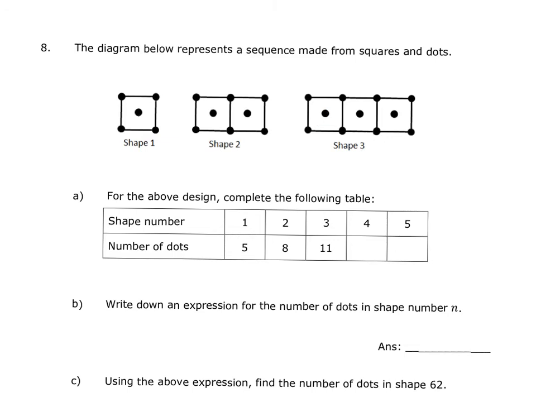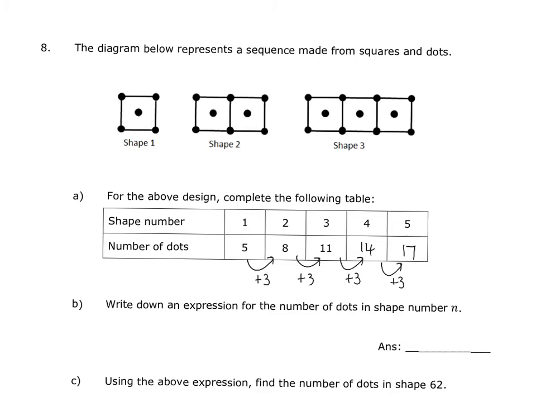Okay, they're correct. What is happening every time? We're adding another 3 dots. Every time we add 3. Okay, that's how we're obtaining them. So another plus 3 for this one, another plus 3 for this one.